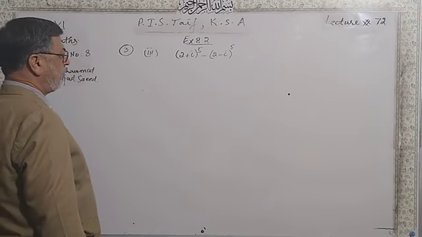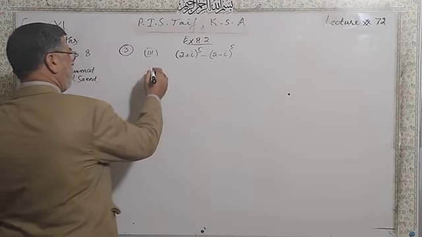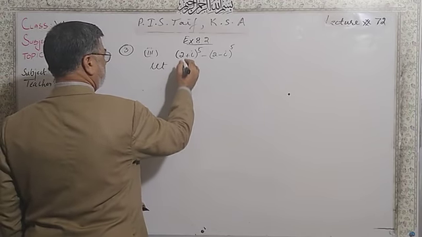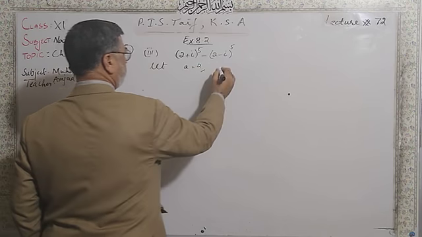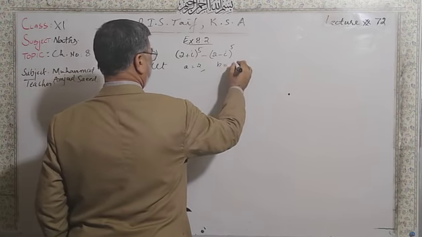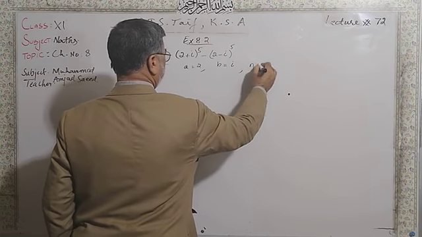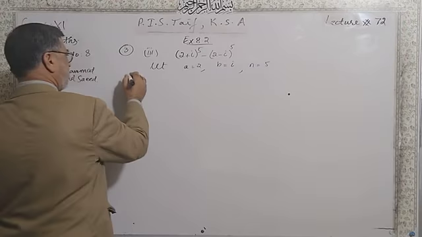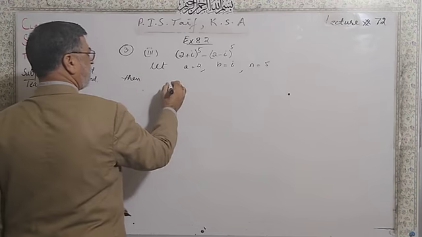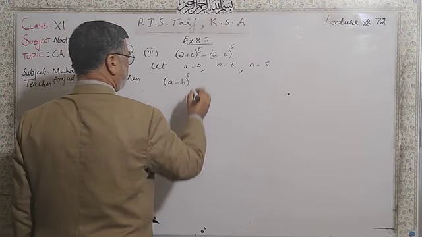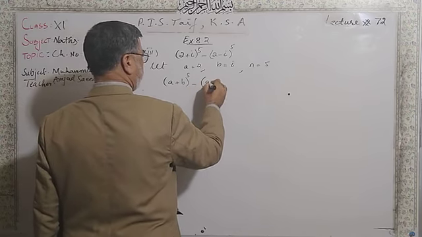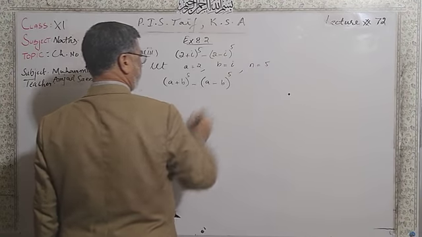Dear students, you can let a is equal to 2, b is equal to iota, n is equal to 5. Then (a plus b) power n minus (a minus b) power n.